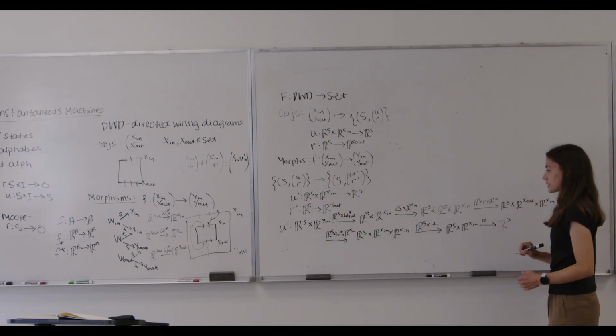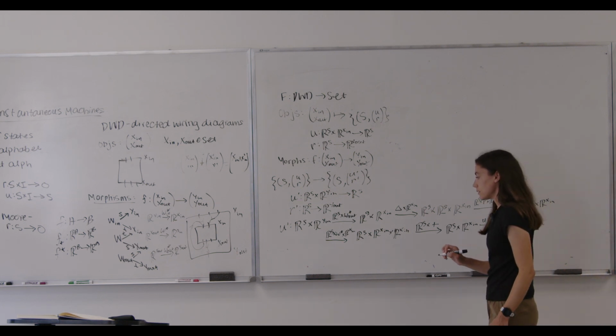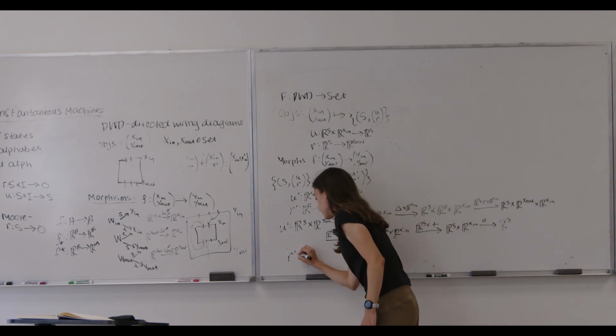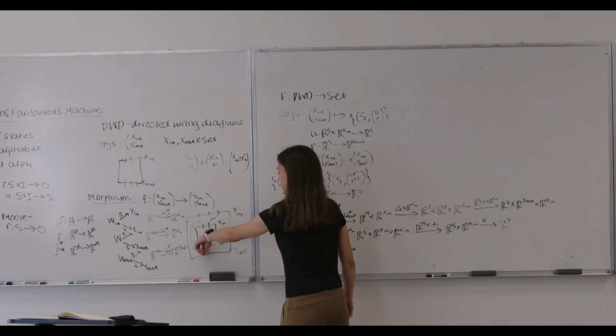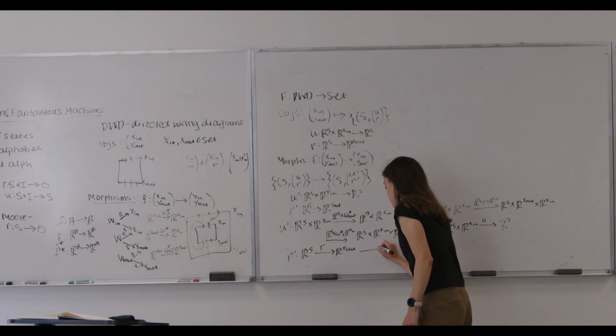And we'll get R^S. And the R prime is a lot easier because the R prime will just go from R^S to R^X out via R. And then all we do is feed that down into the Y out. So we get W star out, R^Y out.